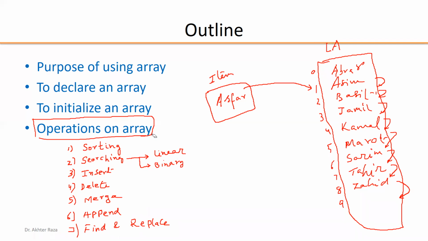Sorting is a procedure that you generally face in Excel. Suppose in Excel you have a list of numbers and you want to sort them. You have a menu option in Data: sort, ascending, descending. By clicking these options, the data will be sorted automatically.